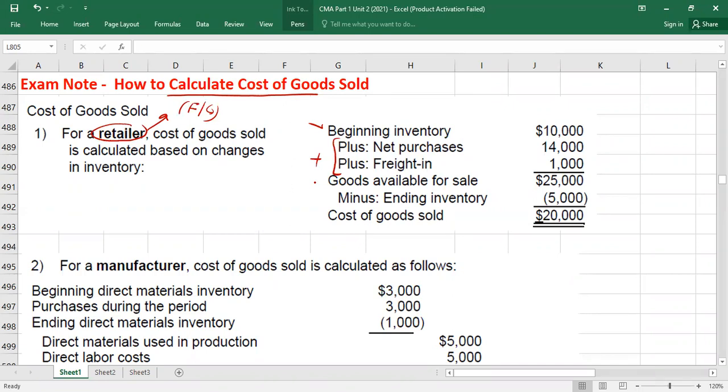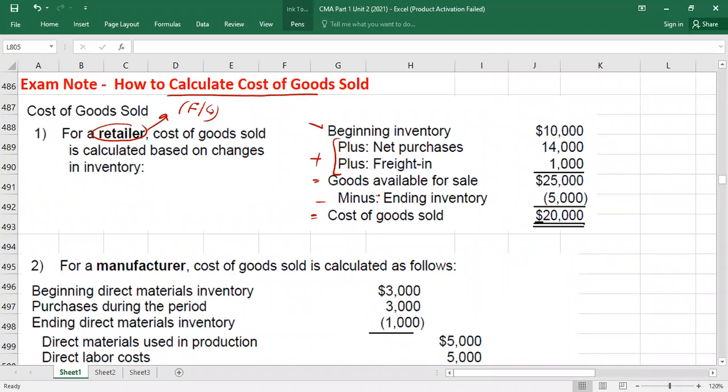Once you take beginning inventory plus net purchases, this is known as cost of goods available for sale. Then you will deduct ending inventory, meaning the unsold inventory you have at the end of the period. The remaining will give you the cost of goods sold.